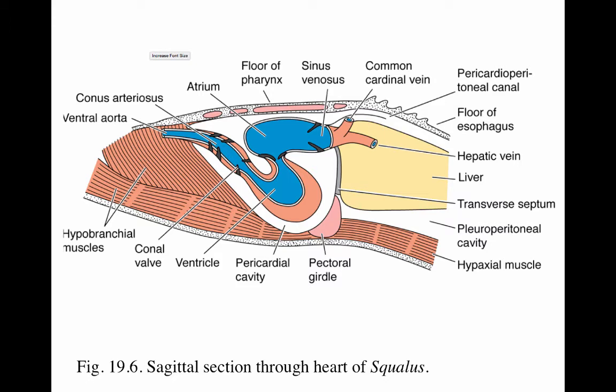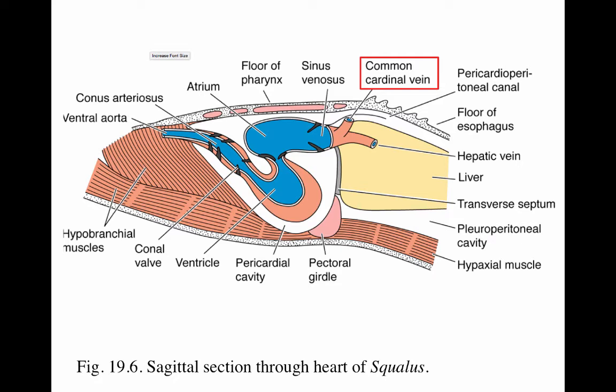As the blood moves through here, it's going to be collected up and delivered to the heart through the common cardinal vein, and that's going to open up into what we call a blood sinus, where all of the different veins, the hepatic vein and the common cardinal veins, are going to merge together to form this cardinal sinus, which is basically just a section of vein that's more bag-like than vessel-like.